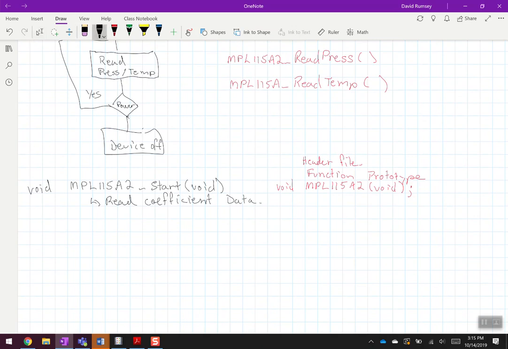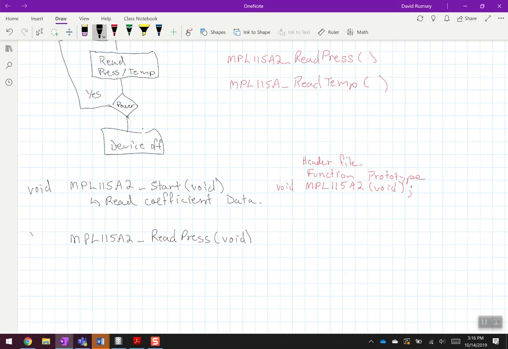Well, what's the next command here? Well, we have an MPL115A2 read pressure. And this here would be a void function. I don't need to give it anything. The function name itself tells it what it is that I'm wanting to receive.